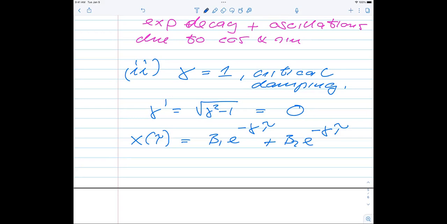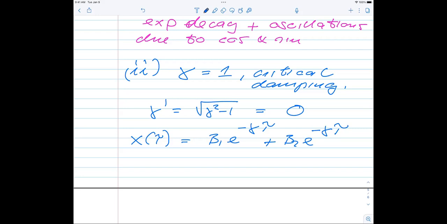So if you look at the equation here, what would you say about the mathematical form of these two terms? B1 and B2 are just constants. Are they equal or are they different? That's the question, actually. They're equal.